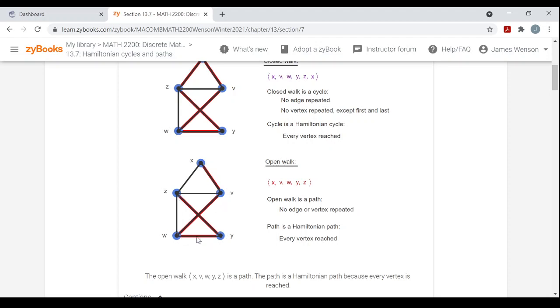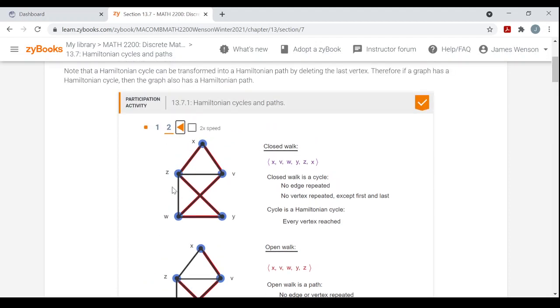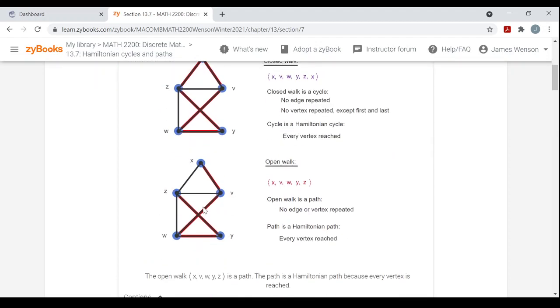Every edge in the walk is only used once, so it is a trail. And every vertex is only used once, so it is a path. What makes it a Hamiltonian path is that every single vertex in the graph is used. So just a couple examples, one of a Hamiltonian cycle, one of a Hamiltonian path.